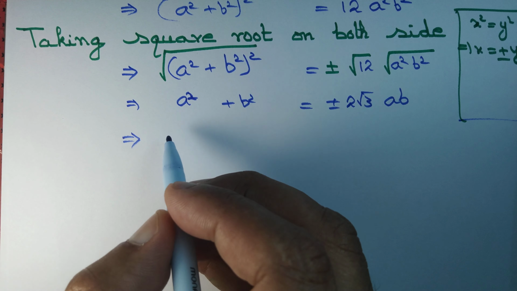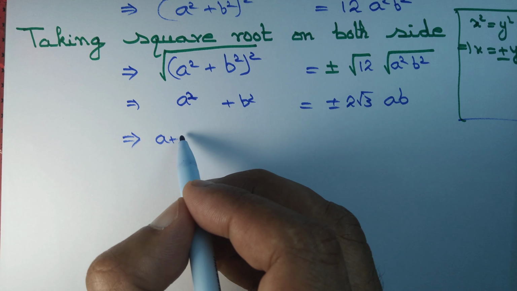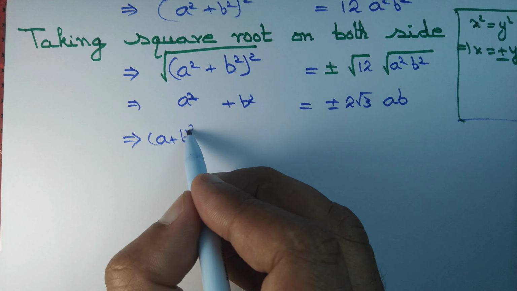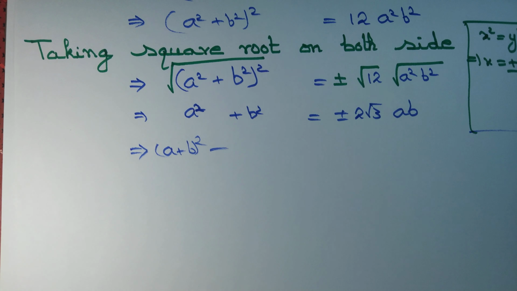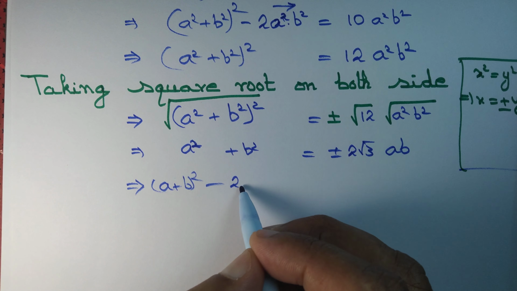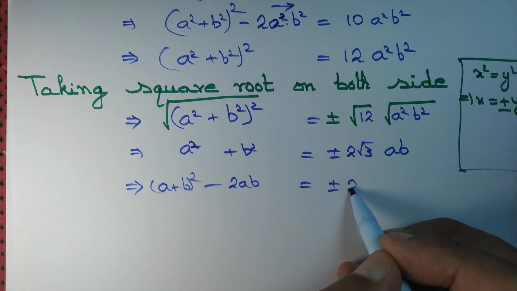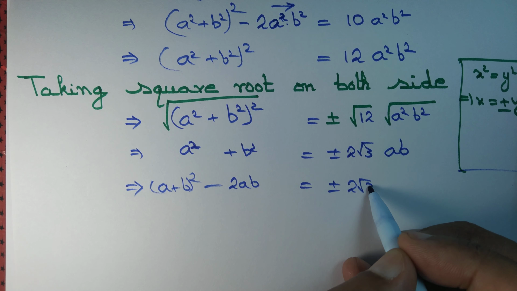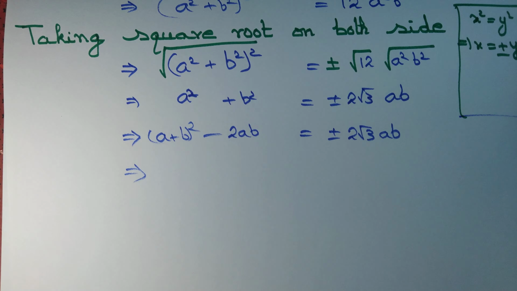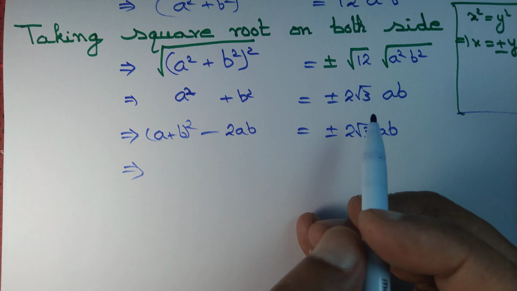So we can write this as (a plus b) whole thing square minus 2ab equal to, right hand side we just copy as it is. Okay, once again we will like to take ab to the right hand side.